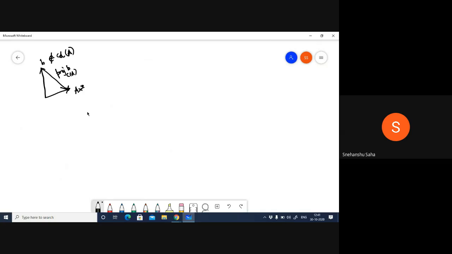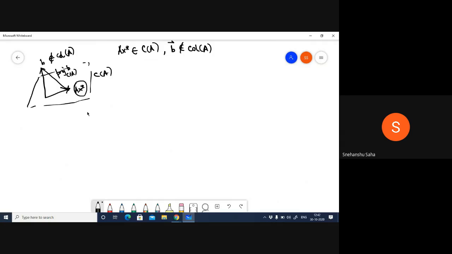So this is AX star. It's actually in the column space of A, and B is not in the column space of A.